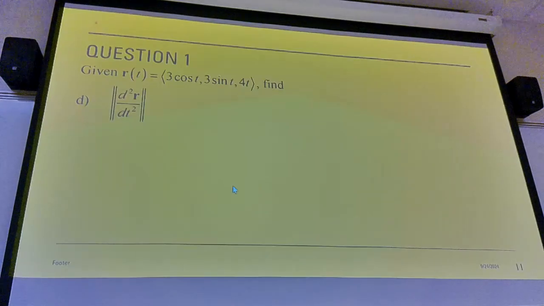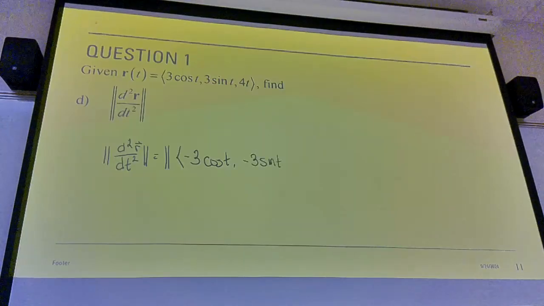Right, so again, not to be confused with... what was the second derivative of r? -3 cosine t, -3 sine t, and 0.